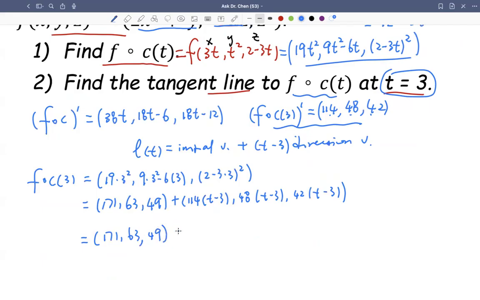Now we want to simplify the second factor. So 114 times t, 114t, minus 114 times 3, which is 342. Then 48t minus 48 times 3, which is 144. Then 42t minus 3 times 42, 126.